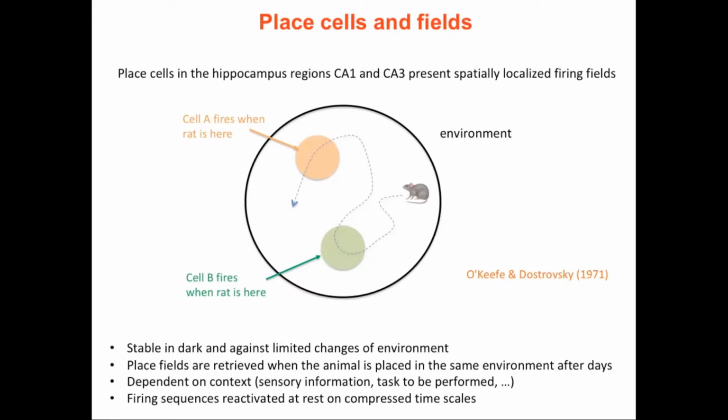And these compressed timescales actually give some evidence for the fact that this firing activity is supported by some network activity, and it's not just induced by some external inputs like visual stimuli. I'll come back to that later.